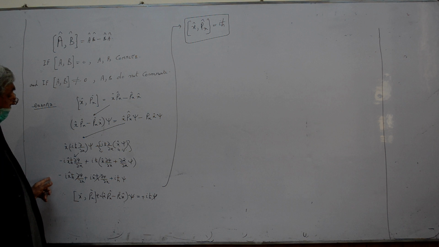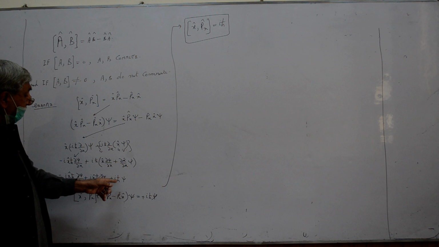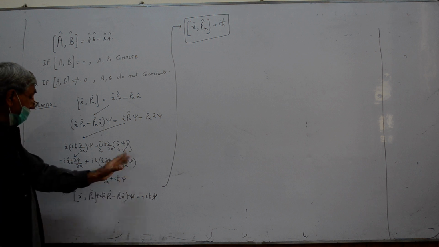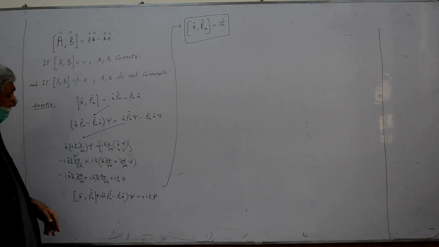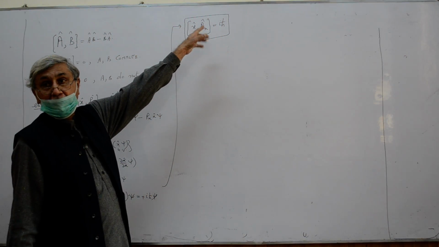This is with minus sign, and this i h bar and delta x cancels psi. So you can cancel psi from both sides, and the answer is the commutator of x and px is equal to i h bar.